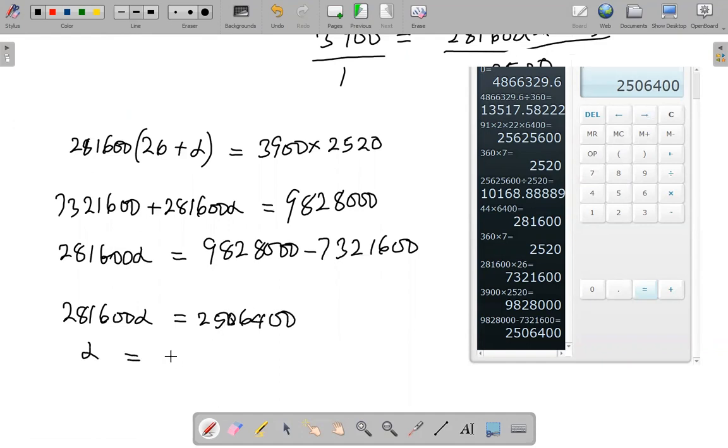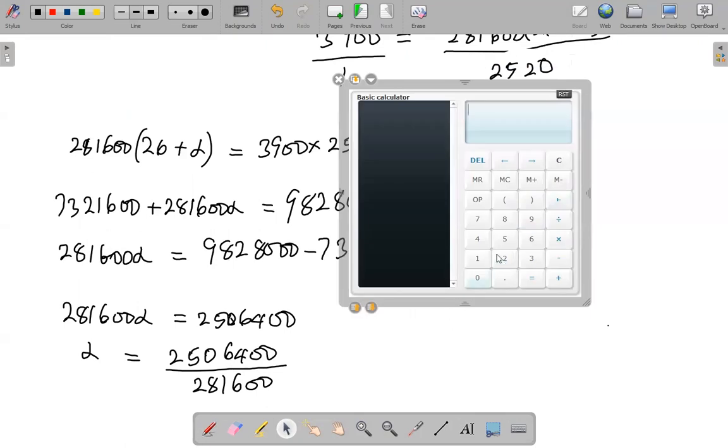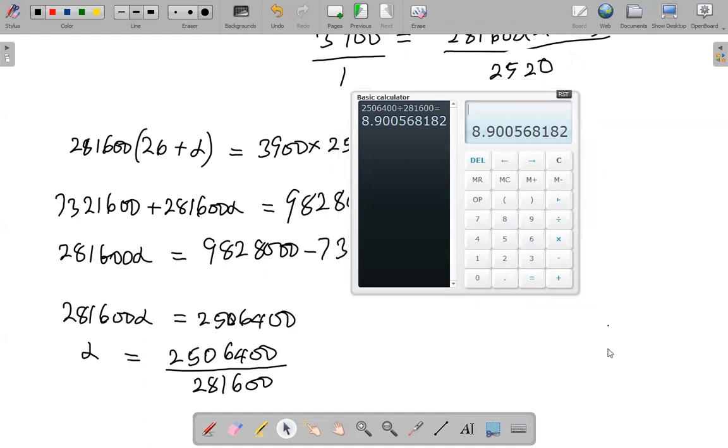So alpha will be 2,506,400 divided by 281,600, which is 8.9. So alpha is 8.9.